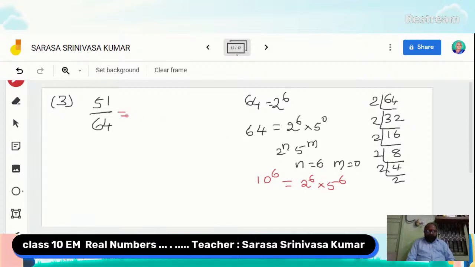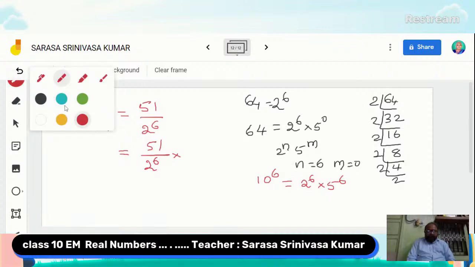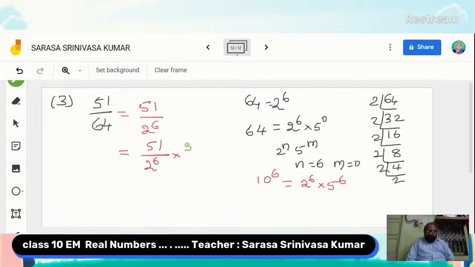So this is equal to 51 divided by 2 power 6, which equals 51 divided by 2 power 6 multiplied by 5 power 6 divided by 5 power 6.